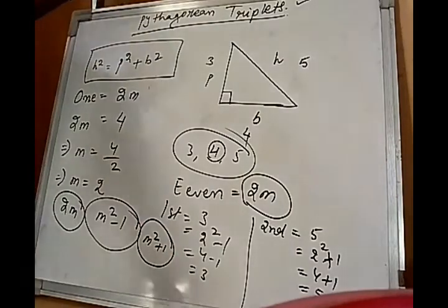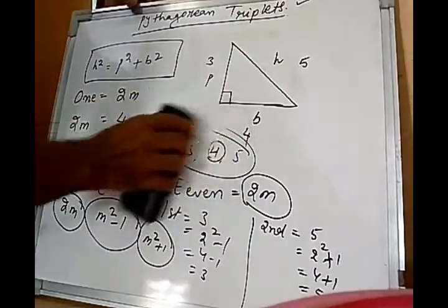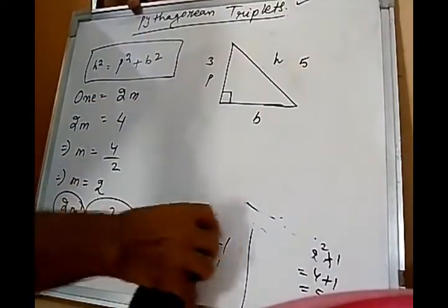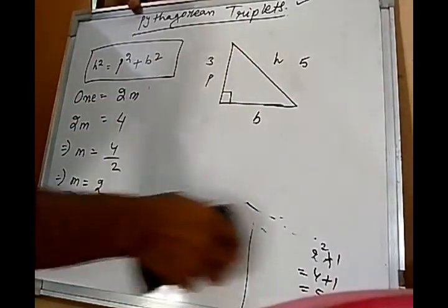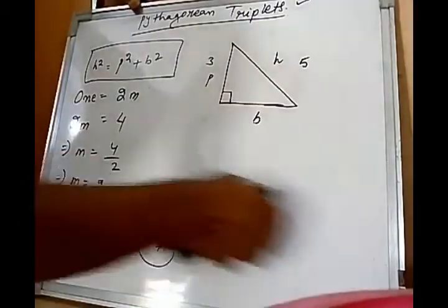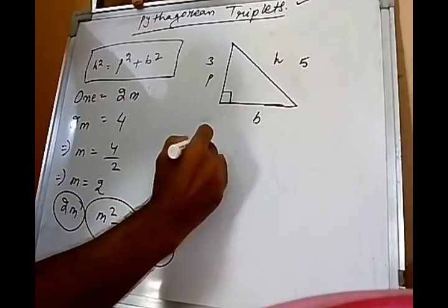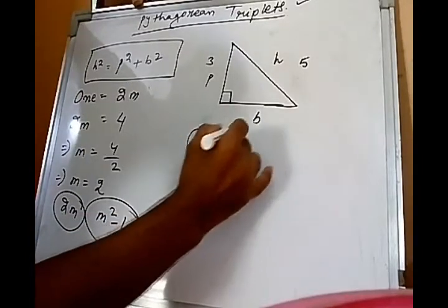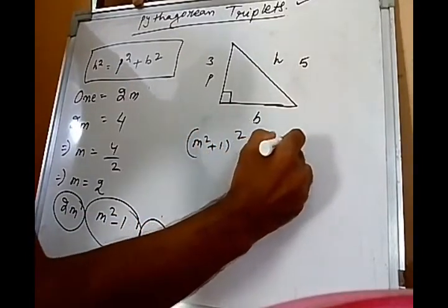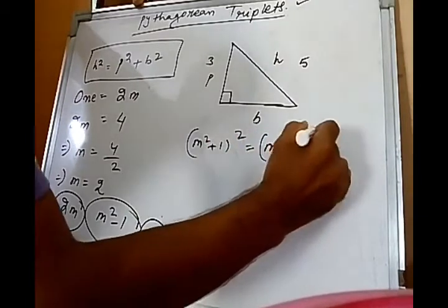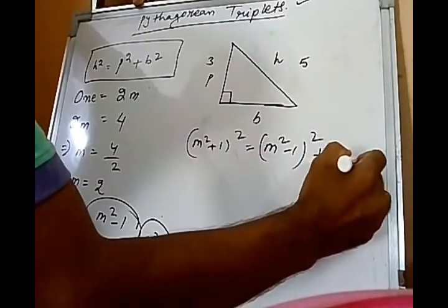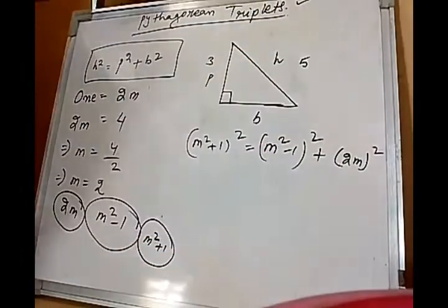And if you see here, proving this, that m square plus 1 whole square equals m square minus 1 whole square plus 2m whole square.